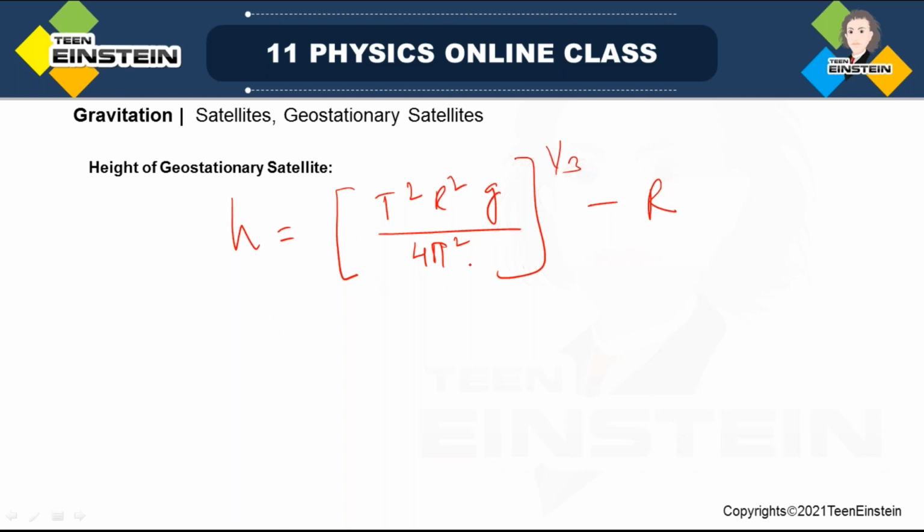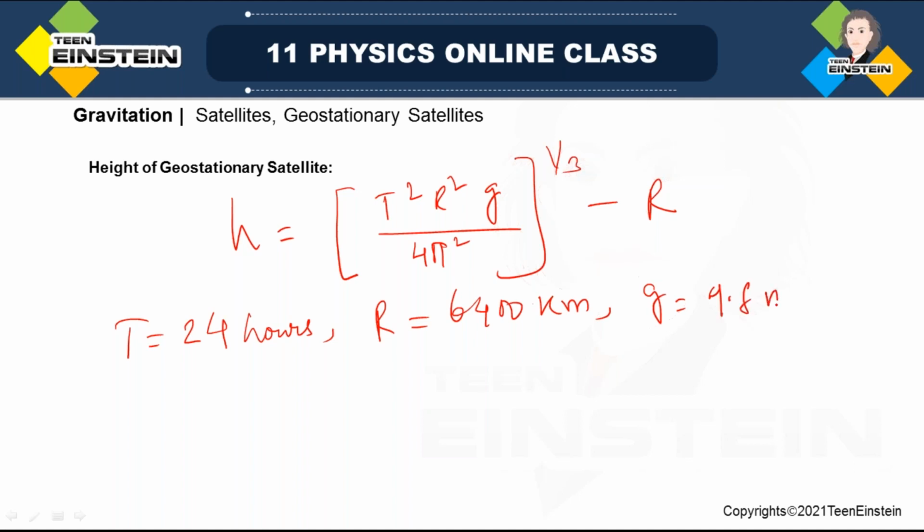So this is the height of the geostationary satellite, and look, the time period for a geostationary satellite is 24 hours. The radius of the Earth is 6,400 kilometers. g is 9.8 meter per second squared.